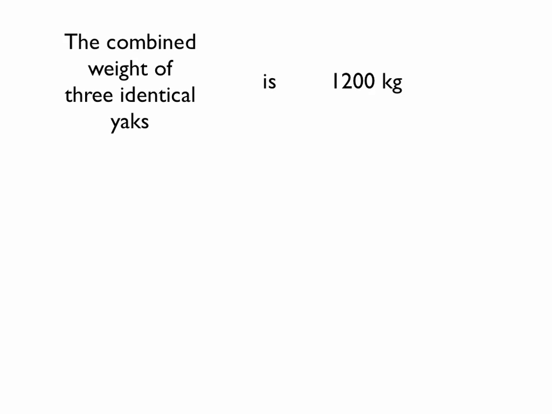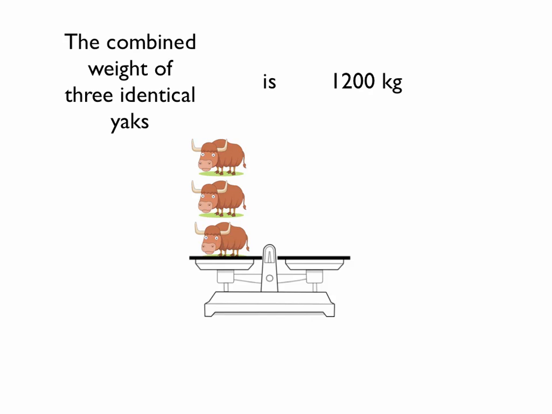We could imagine taking a very large balance scale and stacking yaks on top of it, just because stacking yaks is a fun thing to do. So if we were to take 3 yaks and stack them together on one side of a balance scale, if that equaled 1,200 kilograms, then the scale would balance perfectly, but the yak on the bottom might not be very happy about that.